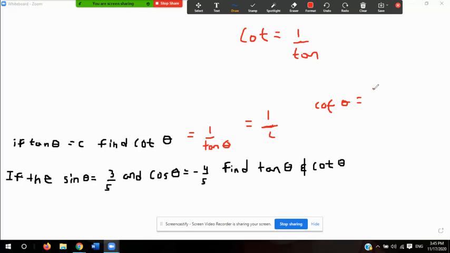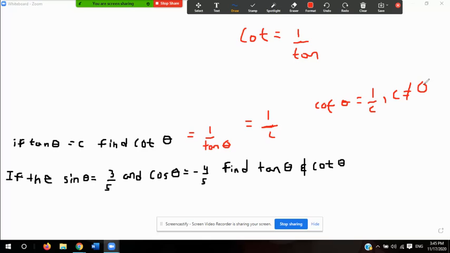It'll be 1 over c as long as c is not equal to 0, because remember that the denominator cannot have a 0.